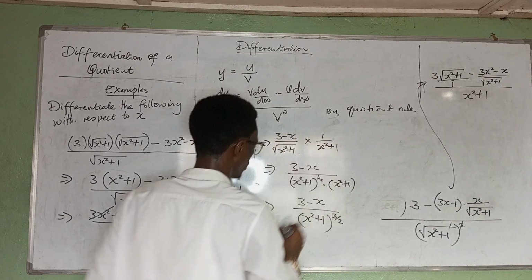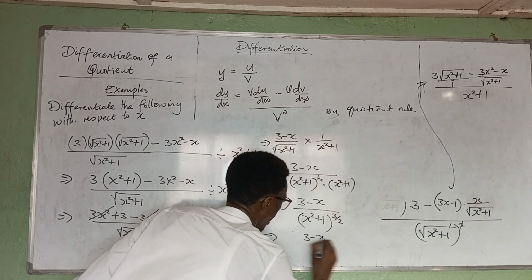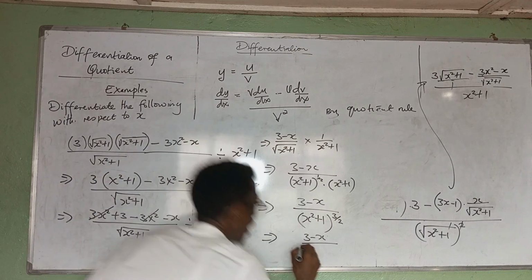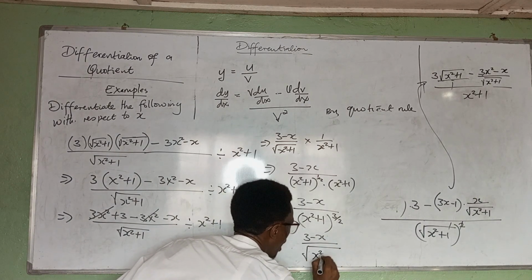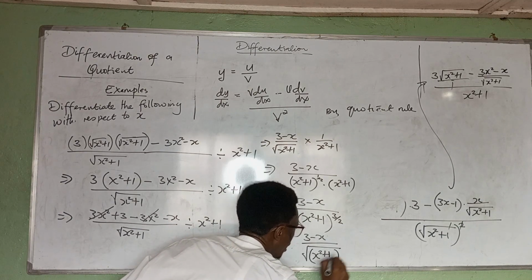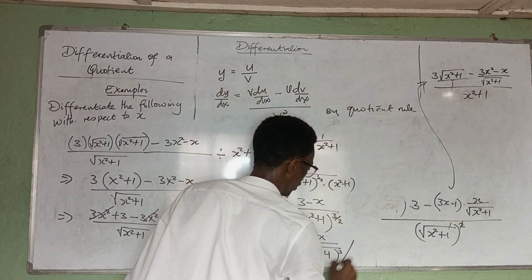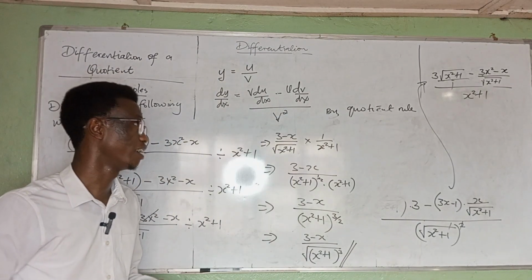Okay, now if I want to take it back, this becomes 3 minus x, then this one is going to be root x squared plus 1 all to the power 3. Okay, so that's your final answer.